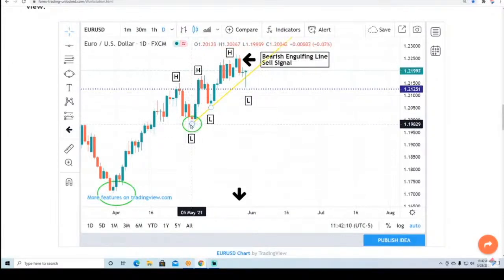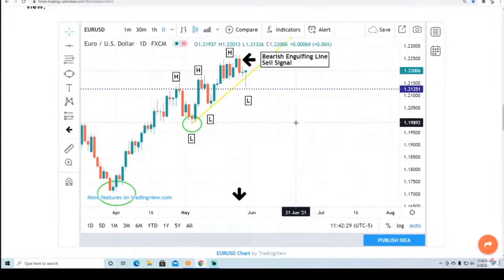So 50%: if you take this low, the value here, which is $1.1985, and you go to this high from 4 sessions ago, right up here, this last high, that's at $1.2266. That gives you the $1.2125 area as your 50% mark.